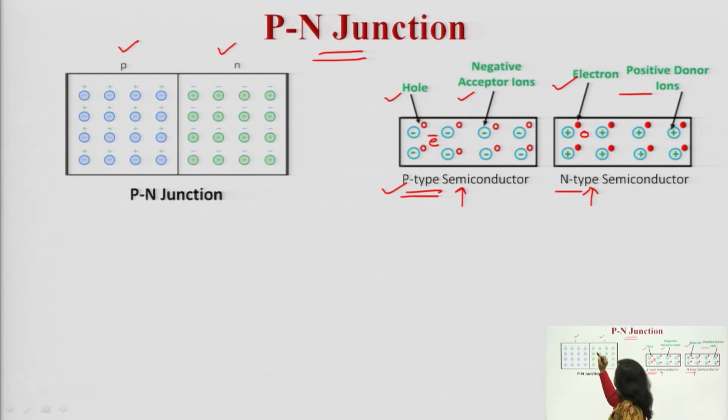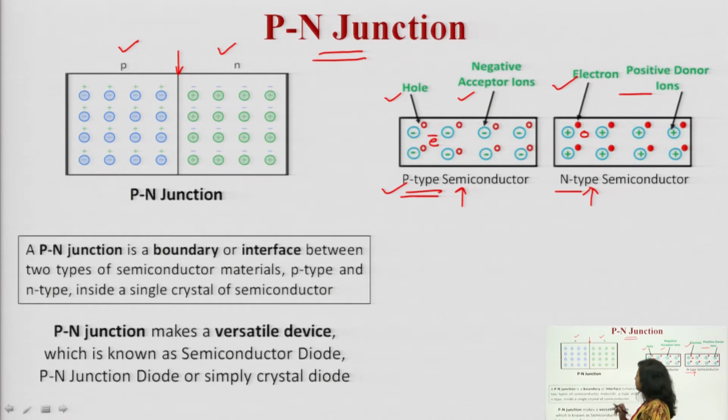When these two are joined, this joining point, this boundary, is a junction, known as a PN junction. So a PN junction is a boundary or interface between two types of semiconductor materials, as if you are joining a p-type semiconductor with an n-type semiconductor.